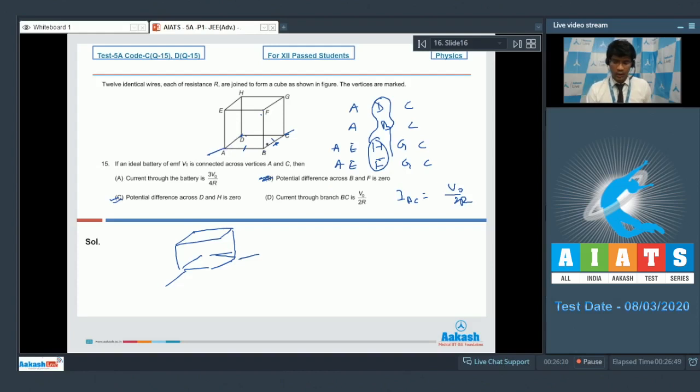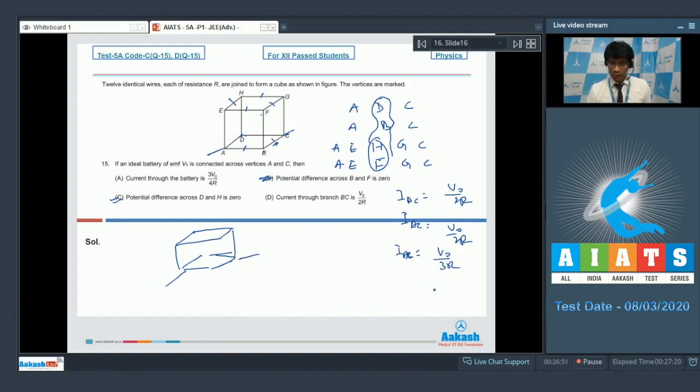The current in this branch also, the current in AD, is V0 divided by 2R. On this side, this is R, this is R, also these two are R itself, so it is 2R parallel to 2R, which gives R, and this is R, this is R, so it is actually 3R. So the current in AE is V0 divided by 3R.